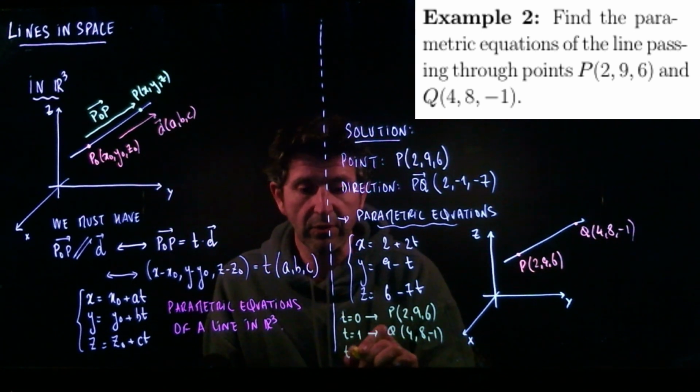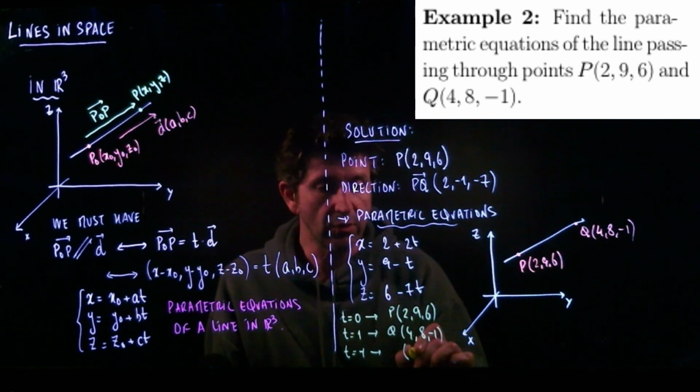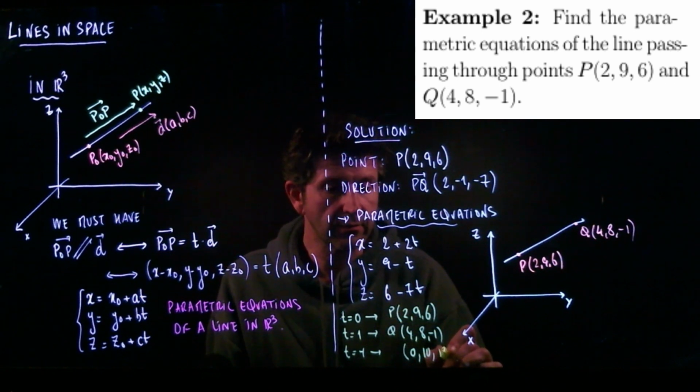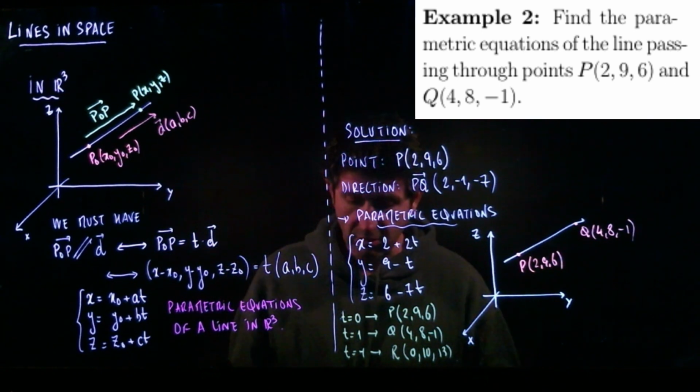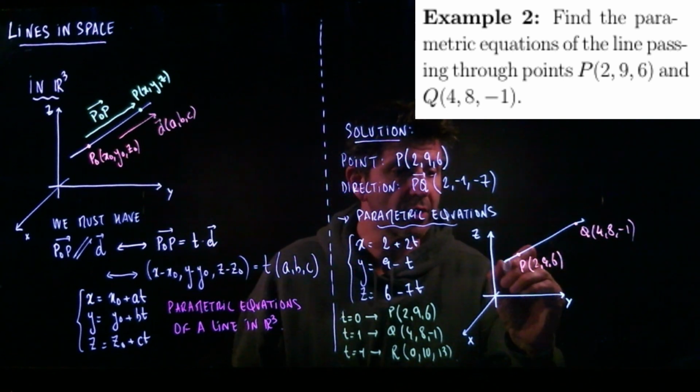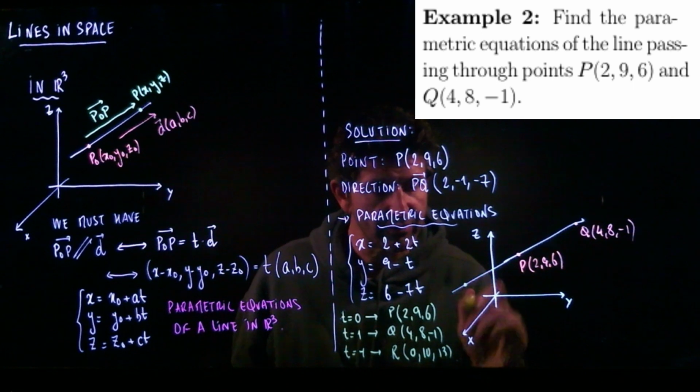If I put t equals, let's say, negative 1, I will get 0, 10, 13, which is a point, let's call this point R. It's a point, I have no idea where it is, it's not important, but it's definitely on the line.